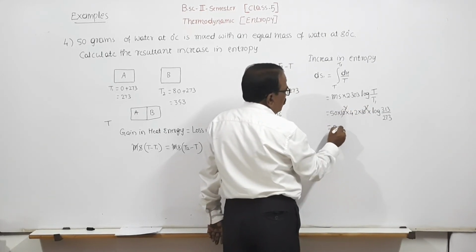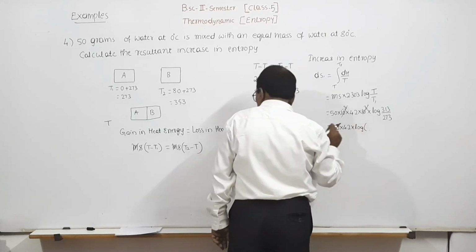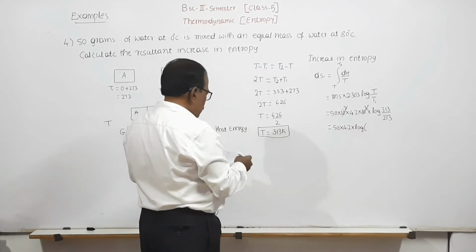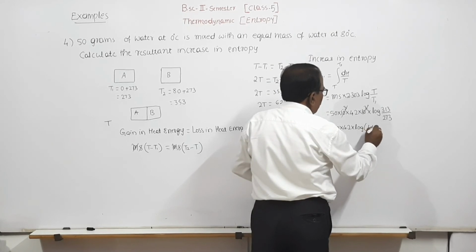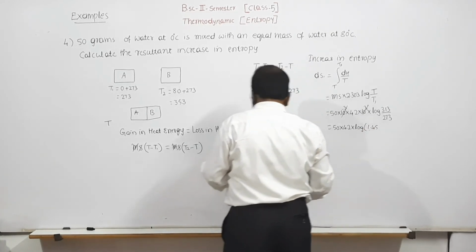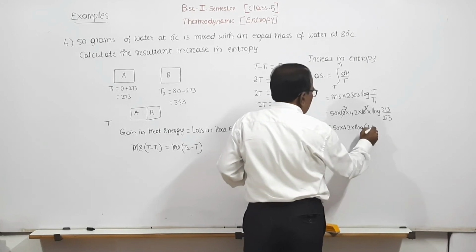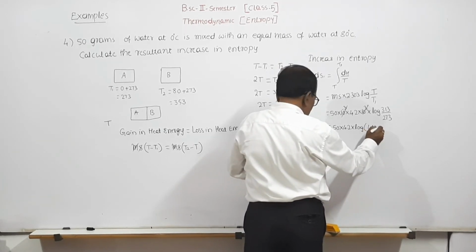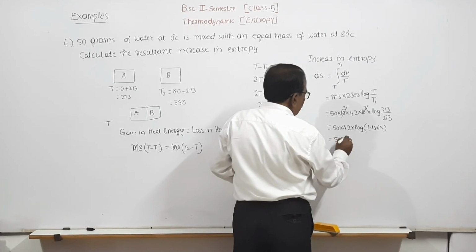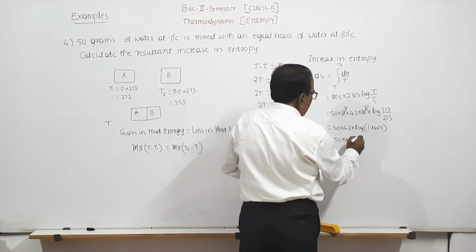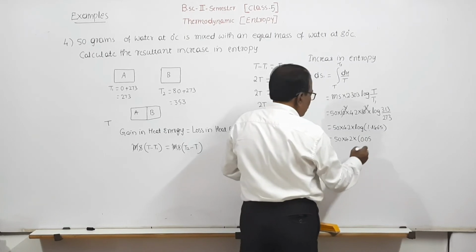It is 50 into 4.2 into log of, if you divide this, you are going to get 1.1465. So this is 50 into 4.2 into log of 1.1465, which is 0.0593.